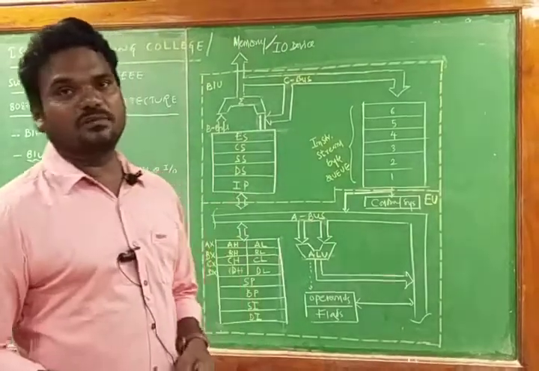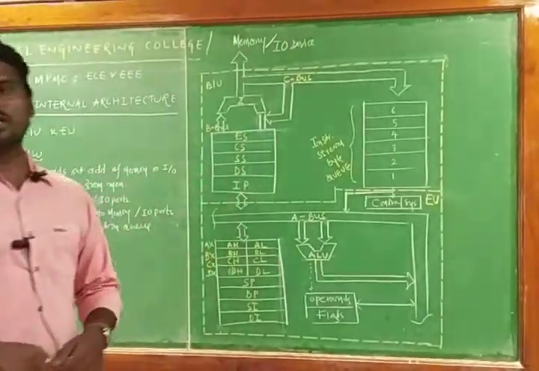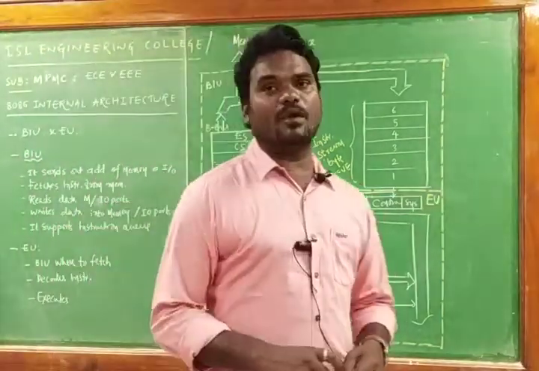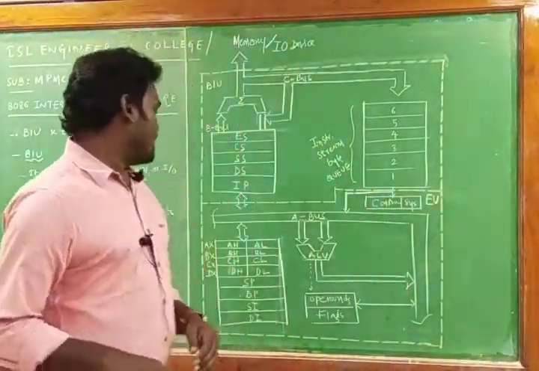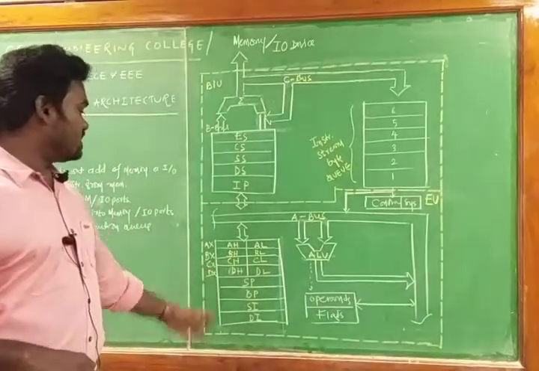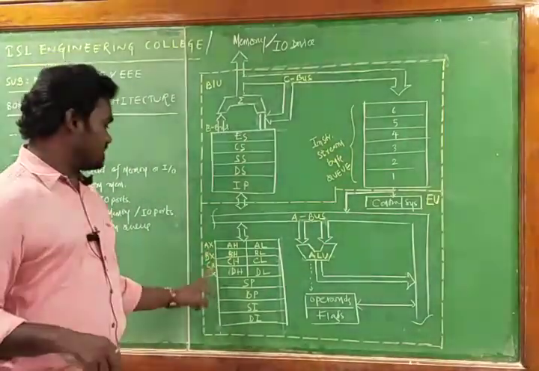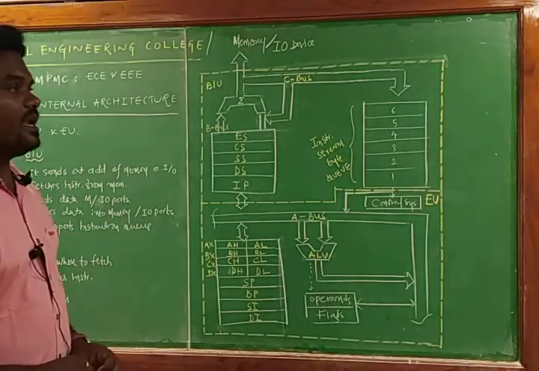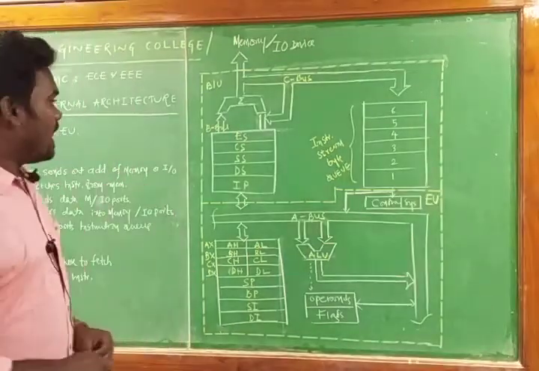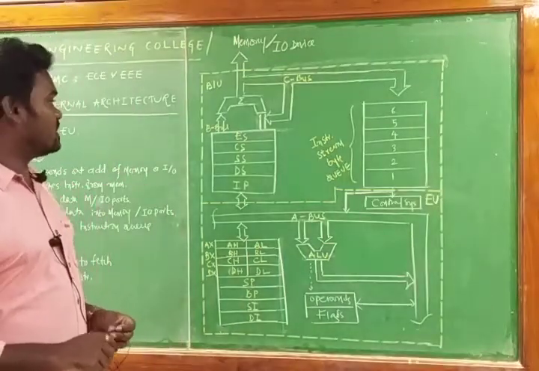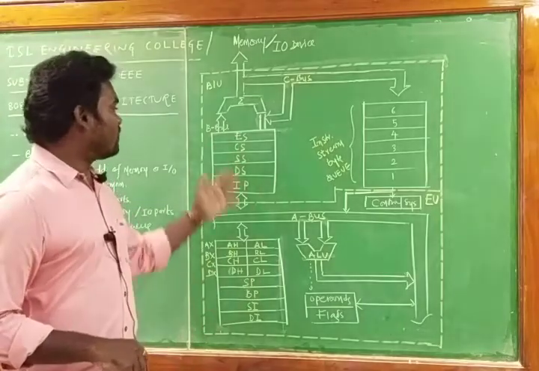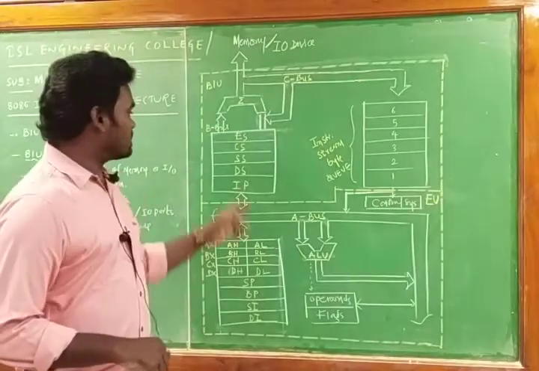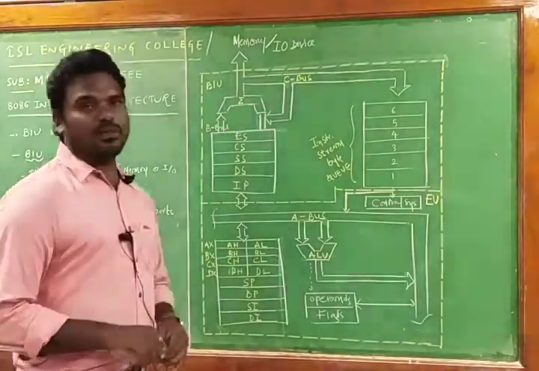One of the important features of the 8086 microprocessor is that internally it has 14 16-bit registers, and these 14 registers are classified into 5 classes. First is the general purpose registers: AX, BX, CX, DX, that is the accumulator register, base register, count register, and data register. These 4 are combinedly named general purpose registers. The next part is the segment registers. There are 4 segment registers: the extra segment register, code segment register, stack segment register, and data segment register.